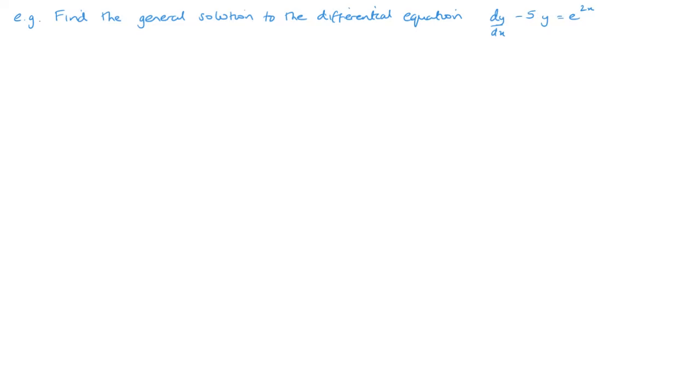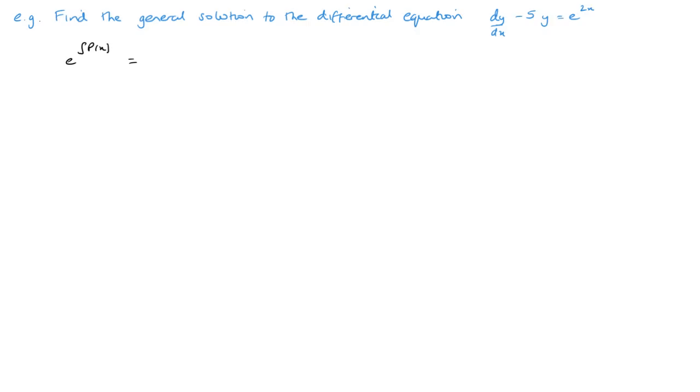So here we have a question: find the general solution to the differential equation. Here it is, and it is already in the form dy/dx + Py = Q. Okay, so what we need to do is find the integrating factor, and that is going to be e to the integral of P dx.